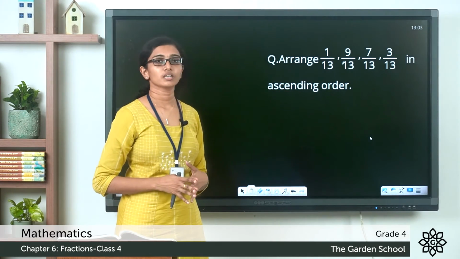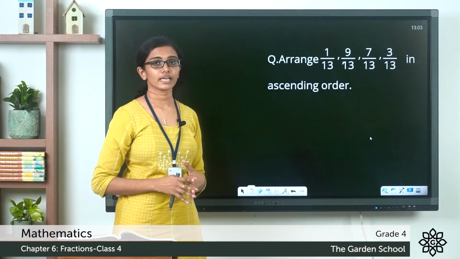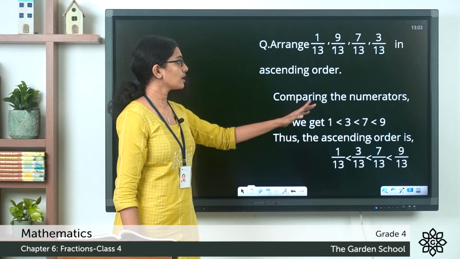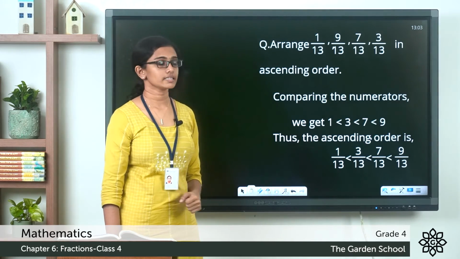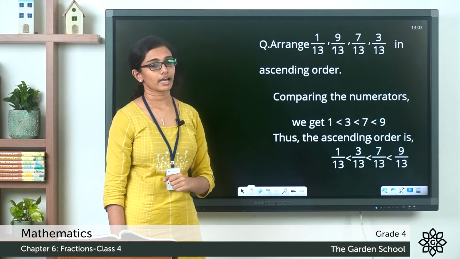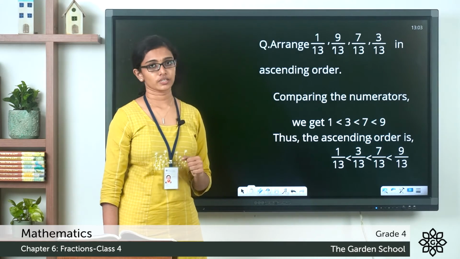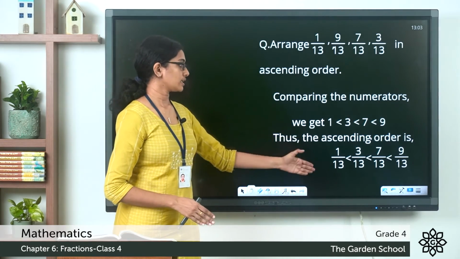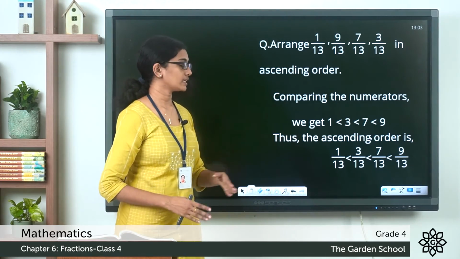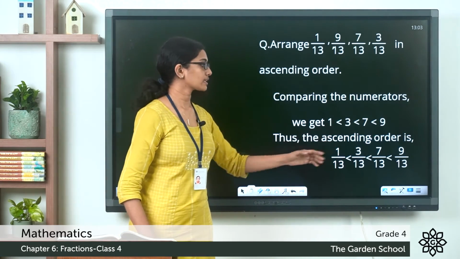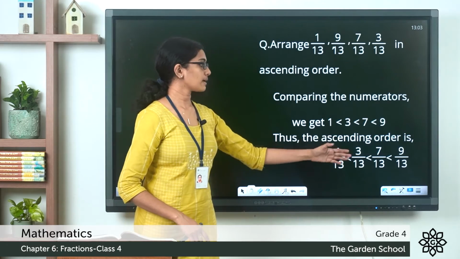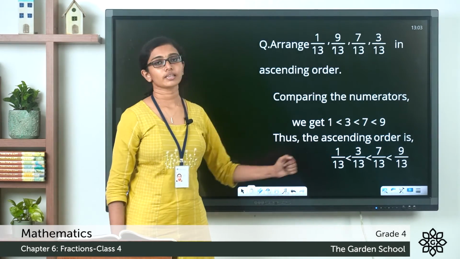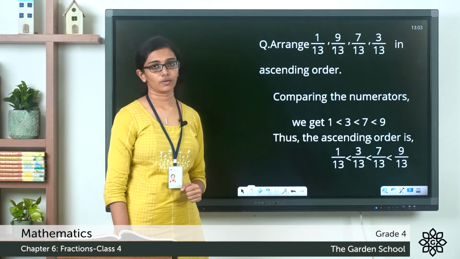The next comes 3, next comes 7 and then 9. So when you compare, we get 1 less than 3 less than 7 less than 9. So let's rearrange the fractions to keep them in ascending order. It gives the result 1 by 13 less than 3 by 13 less than 7 by 13 less than 9 by 13. So we have arranged the given fractions in ascending order.